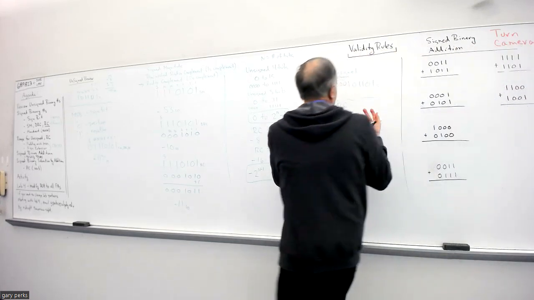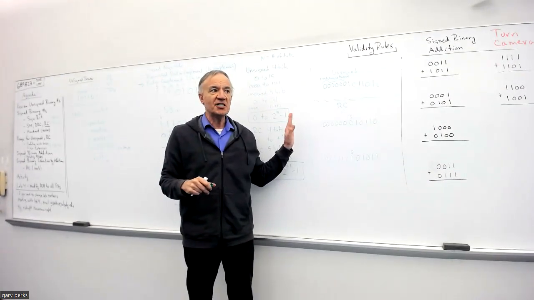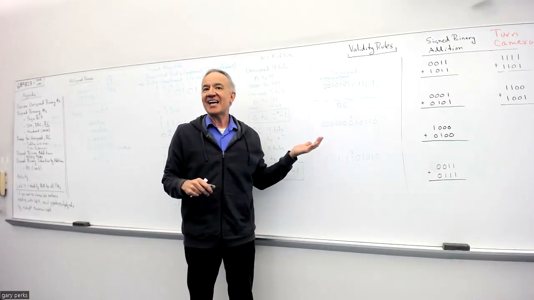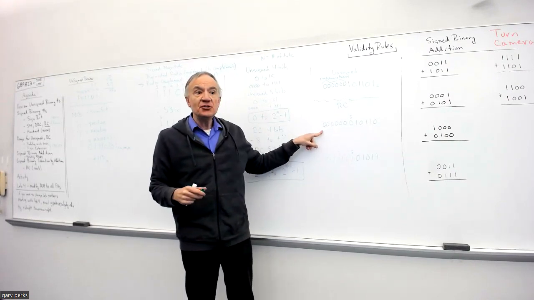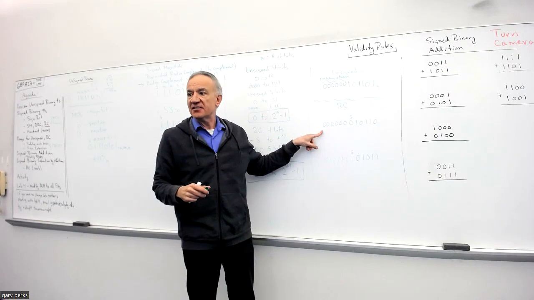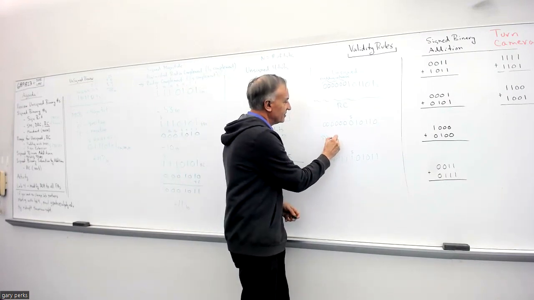So if it's a 2's complement number and you want to make it a larger number of bits, you do what we call sign extension. You just take the sign bit and use the sign bit for the extra bits. So this is called sign extension.